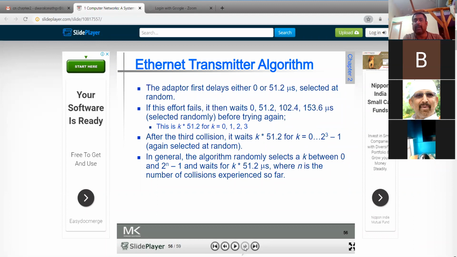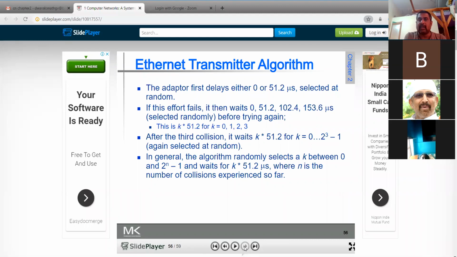Microseconds, keep in mind, microseconds. Then if this effort fails, second time also fails, it then waits 51.2 doubled, 102.4 microseconds. Then again fails, it doubles again, that is 153.6 microseconds, selected randomly before trying again.